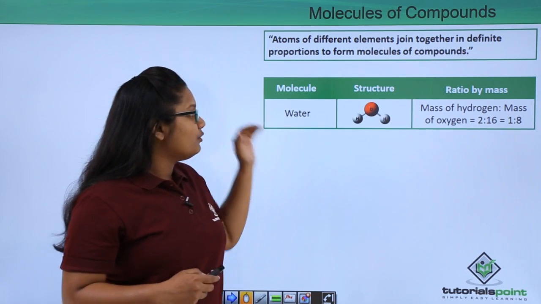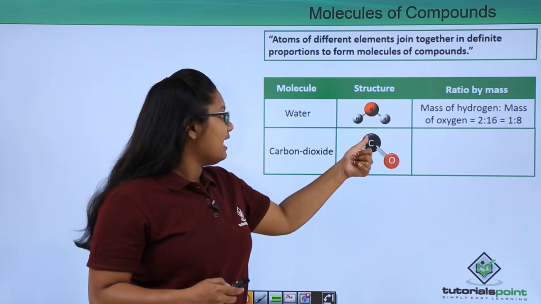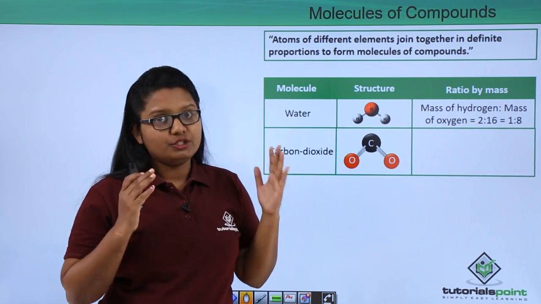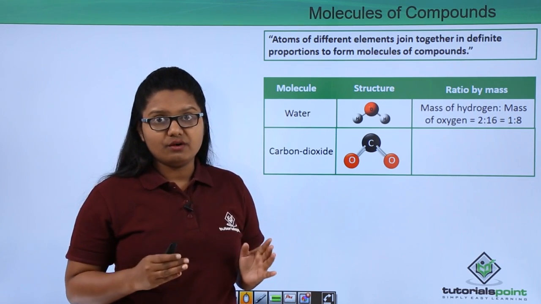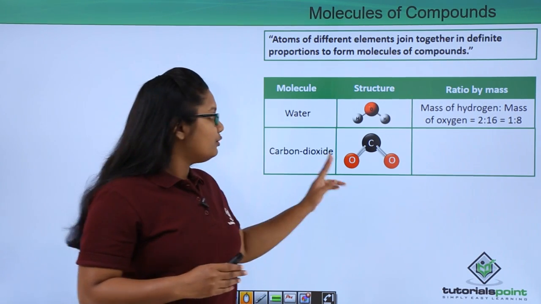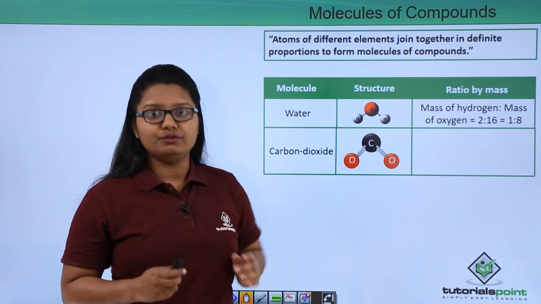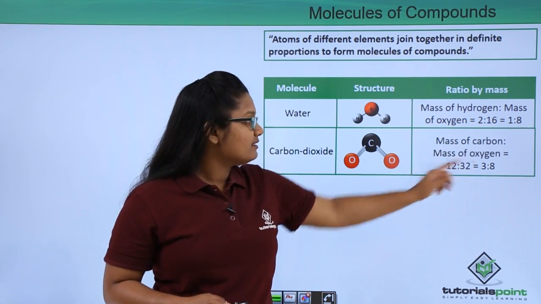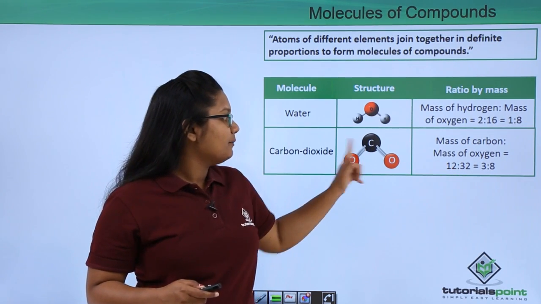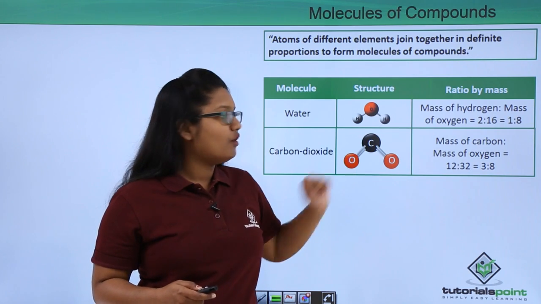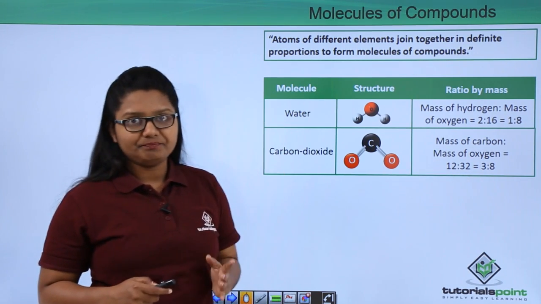Let's move on to our next example, that is a carbon dioxide molecule, which has 1 atom of carbon with mass 12u, and one oxygen atom has a mass of 16u. So 2 atoms of oxygen contribute a total mass of 32u. So the ratio of their masses happens to be 12:32, 12 from carbon and 32 from 2 oxygen atoms, which we can simply write as 3:8.